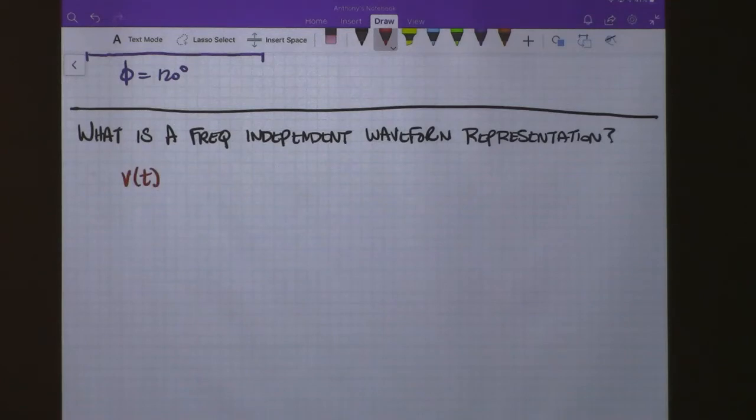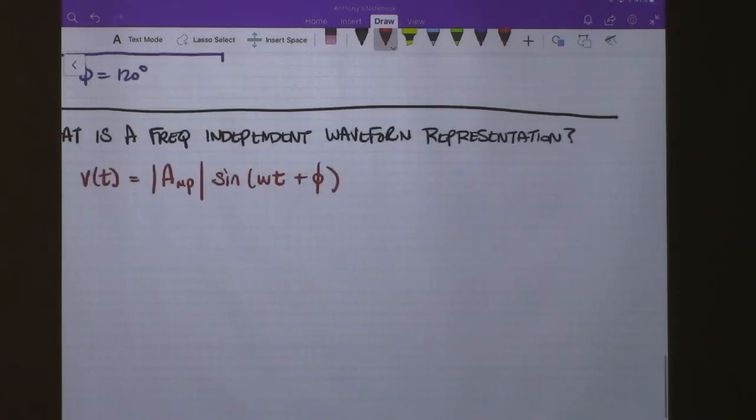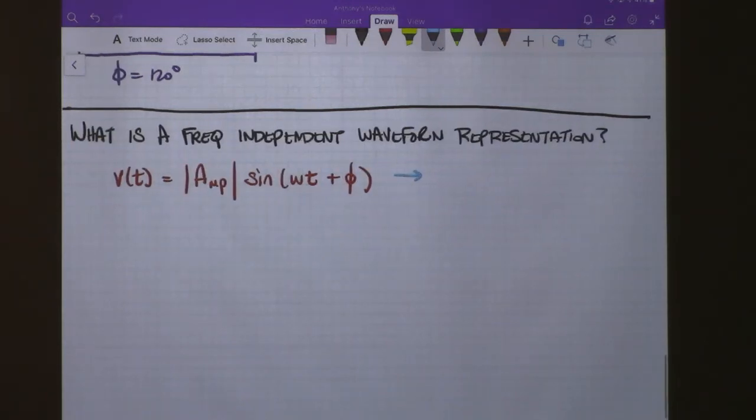So let's say I take a voltage and I have defined an amplitude, which I'm going to call this. And then it's a sine wave, and it has a frequency, and it has a phase shift, all as shown. Okay, what if I took that and I left some of the pieces of information out?